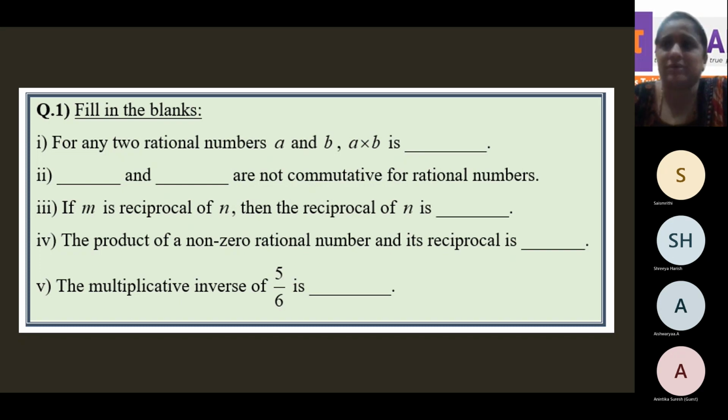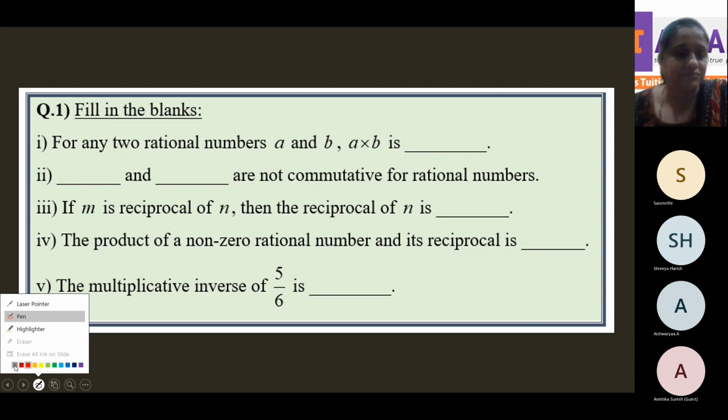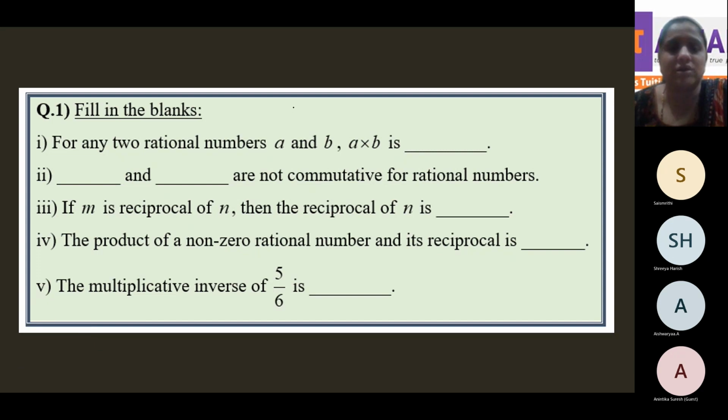Let me give you another example. The difference of two whole numbers need not be a whole number. We saw that yesterday. Consider the whole numbers 25 and 30. The difference of 25 and 30 is -5, which is not a whole number. It's an integer.